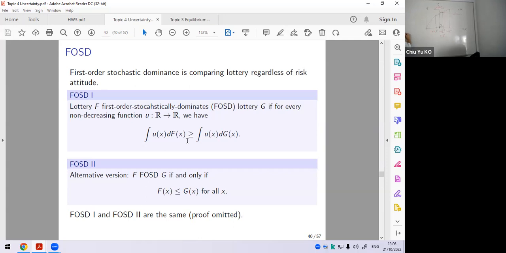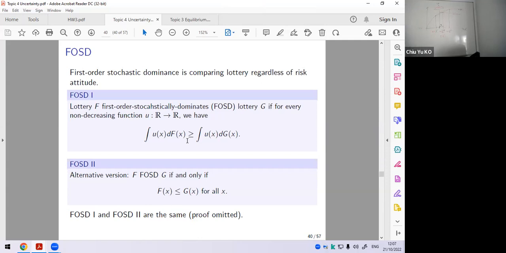Because F and G are just CDFs, right? Cumulative distribution functions. This is X. To be simple, I assume X starts from 0. So X is a lottery. It starts from 0. Anyway, what FOSD means is the following.